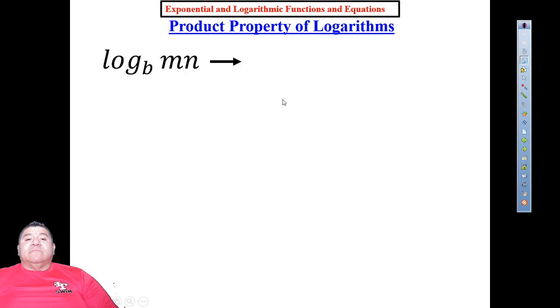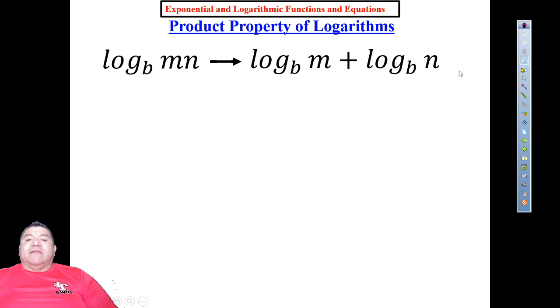This becomes log b of m plus log b of n. Copy that. Now, the presentation usually goes backwards. They usually give us this part, and they want us to do this part to simplify. And we're going to do some right now. Okay? So pause the video if you need more time to copy.